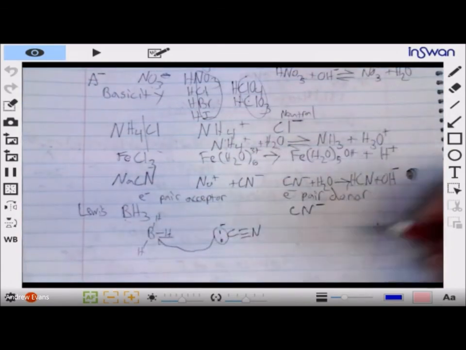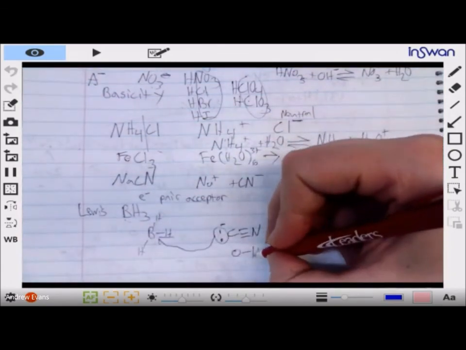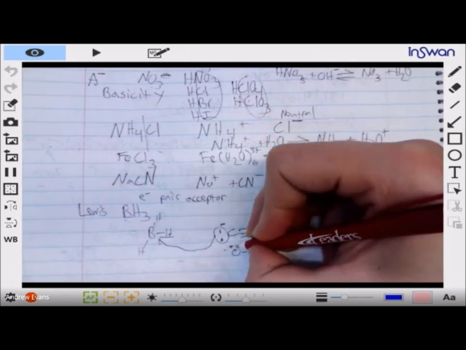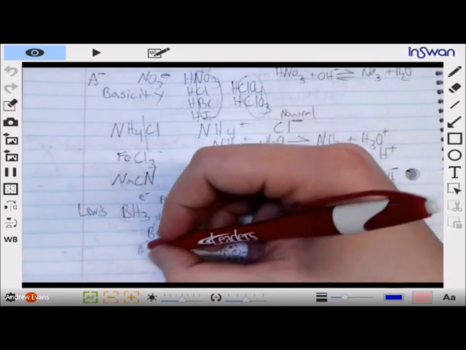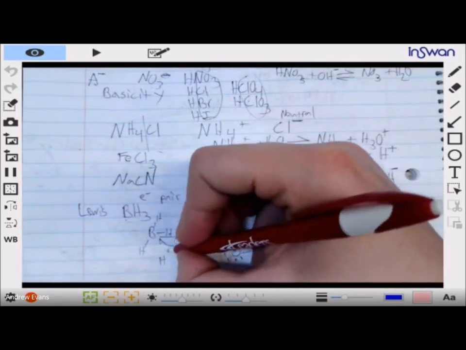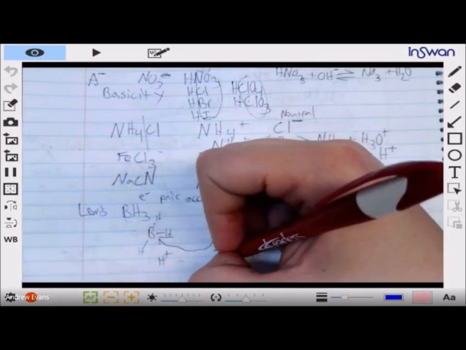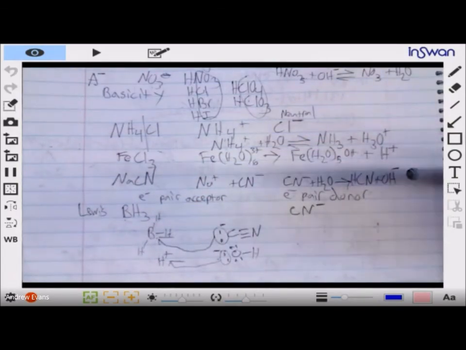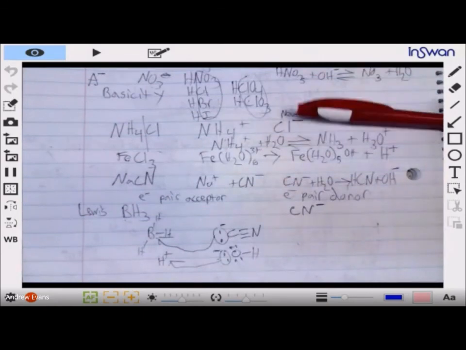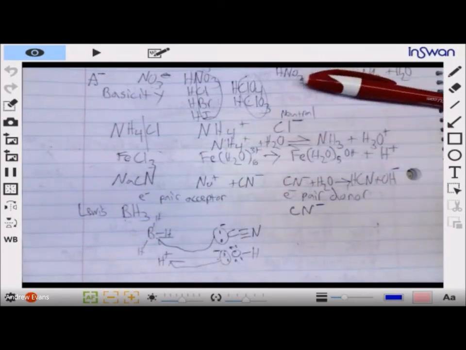Just the same way you could draw OH, which has a lone pair that can attack, say, a hydrogen. A proton wants a lone pair. OH wants to give it a lone pair. BH3 wants a lone pair. Cyanide wants to give it a lone pair. And that's the basics of Lewis acid-base chemistry.